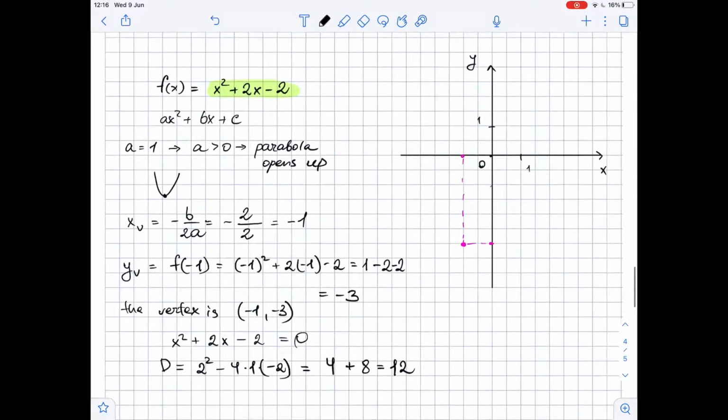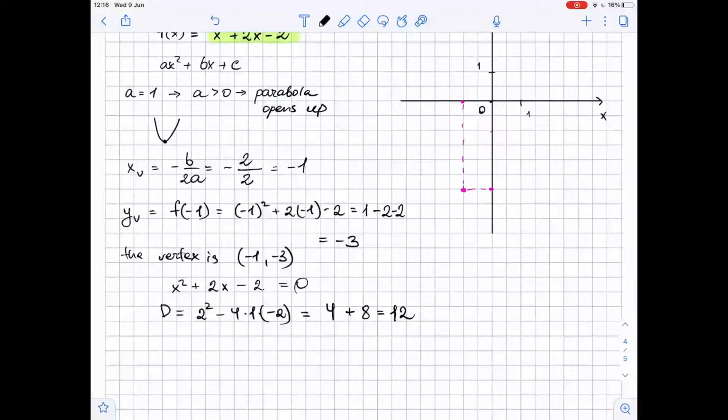Well, now to find the roots, x1 is equal to negative b, so negative 2, plus the square root of the discriminant over 2a, a is 1, so over 2.